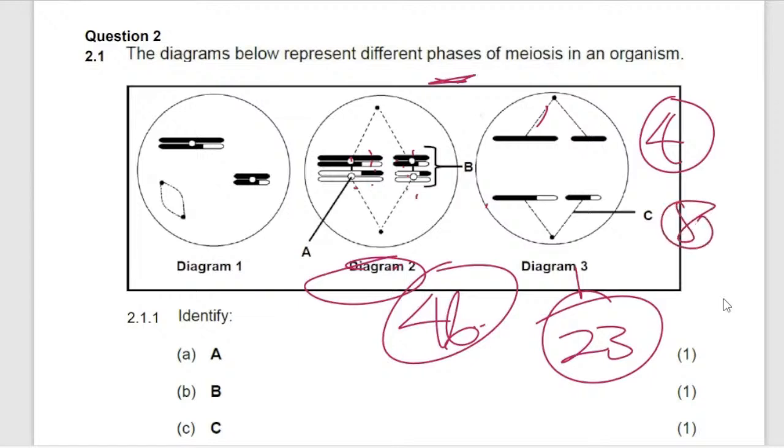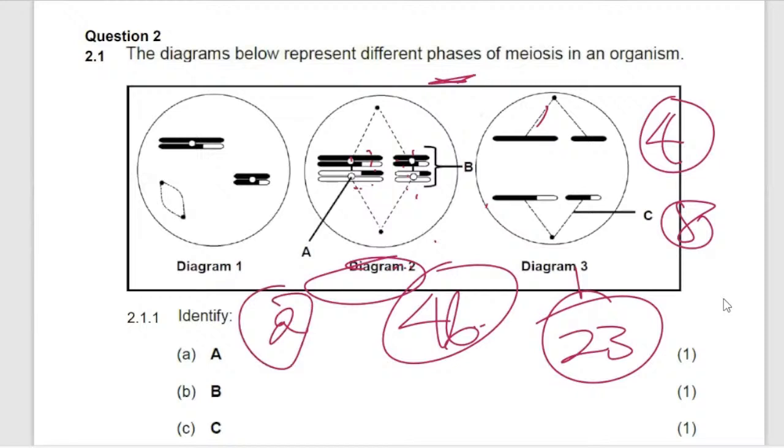How many chromosomes will be found at the end of division of diagram 2? Yes, because this is meiosis 1, therefore, since there are 4, it's going to be 2. Yes, that's the number of chromosomes that will be found at the end of meiosis 1.